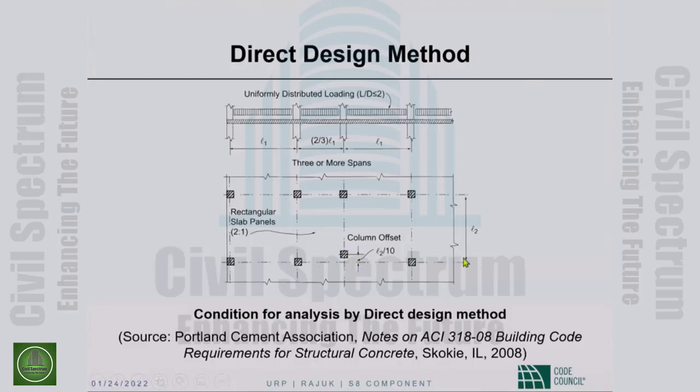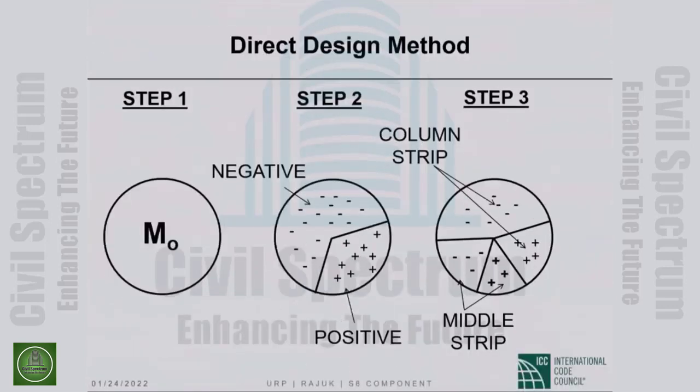L sub 2 is the perpendicular span, the direction of analysis being from left to right, and the maximum offset of this column would be L sub 2 over 10. Everything else we have gone over and is repeated in the picture. Okay, what is the direct design method?